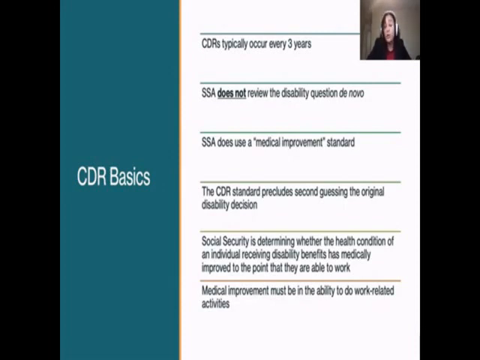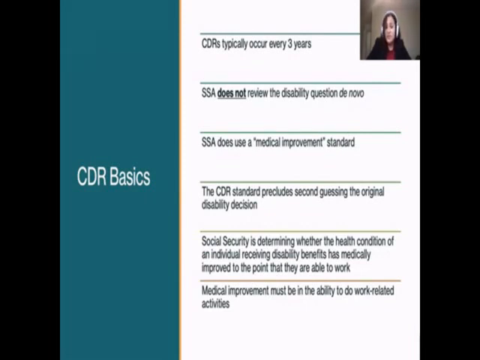So this is not going through that sequential evaluation that Nina discussed on Tuesday again. So it's not that same test that's used. Instead, Social Security uses a medical improvement standard. So this is a new evaluation process that is used, and that's what we're going to be covering for the second half of the presentation.